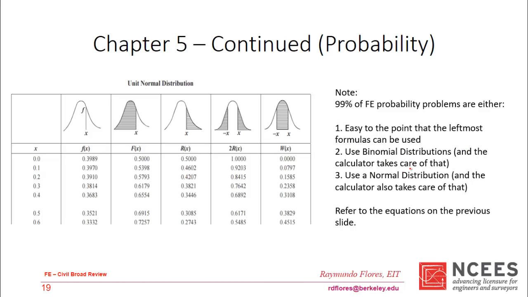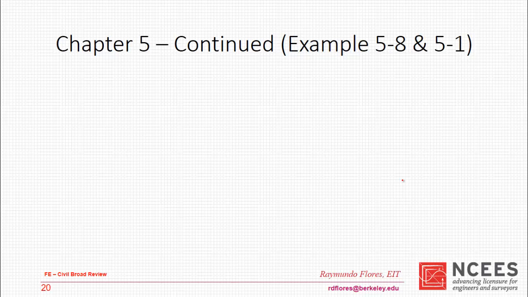And the calculator takes care of that. The calculator can do a lot for you, and like I said, it's going to save you a lot of time. I will try to use the calculator to show you exactly why it's useful.